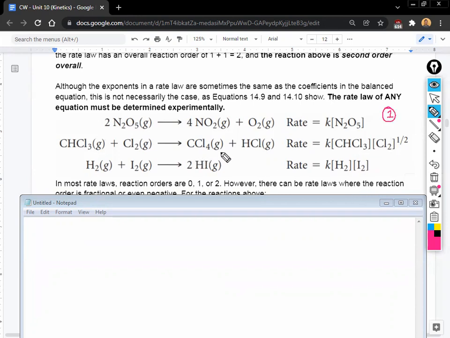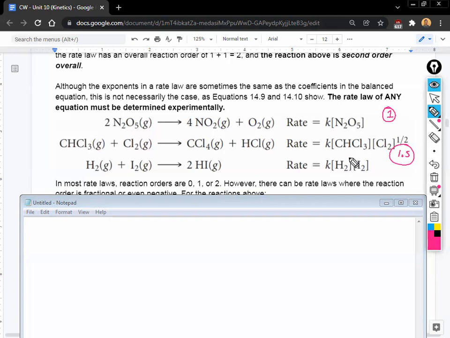Okay, what about the second one? What's the reaction order? You can't really do it with your fingers, but like this, right? 1.5, right? Using a cross. So this one, the reaction order will be 1.5. So you can have a 0.5 order reaction. And then what about for the last one? This one you could do with your fingers. Dang, you guys are getting all shy now.